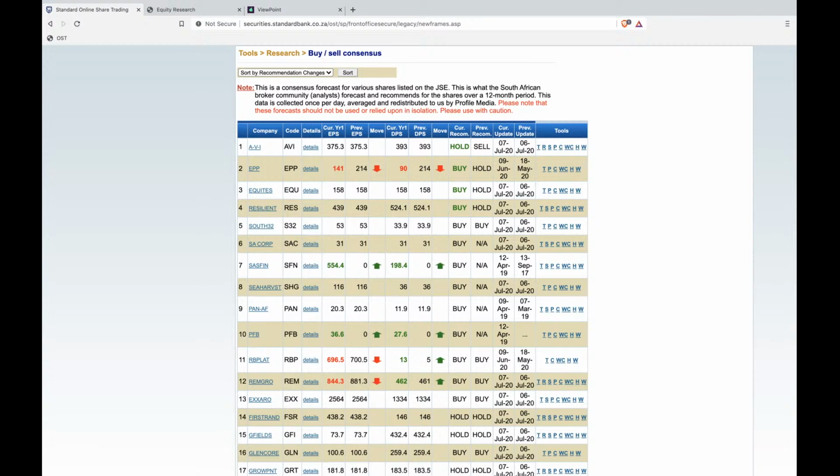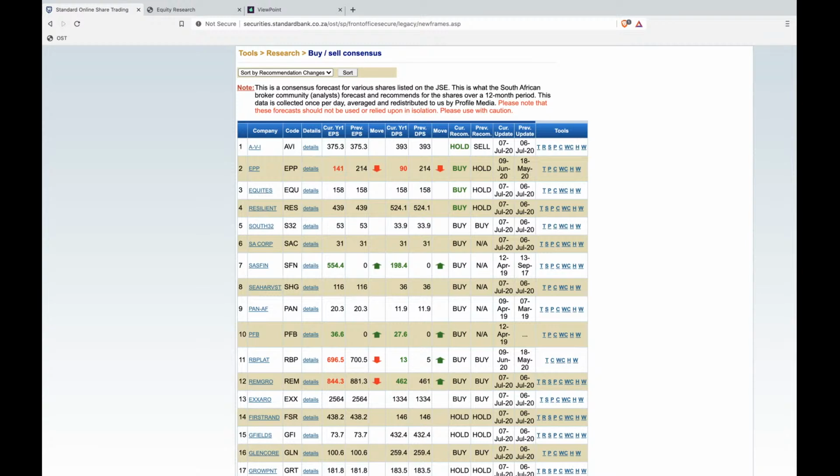What criteria do you use to show either buy, sell, or hold? So that is literally just saying to the analysts who do the consensus, Ross, what is your view on the stock: buy, sell, or hold? The way we work a buy, sell, or hold in the industry is: what is your expectation for this share relative to the market over the next 12 months? The analyst will have a baseline for the market.